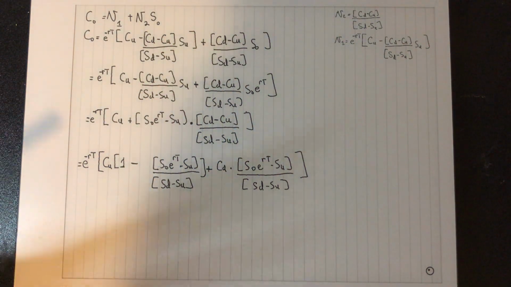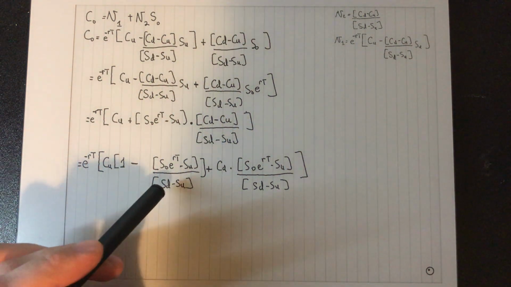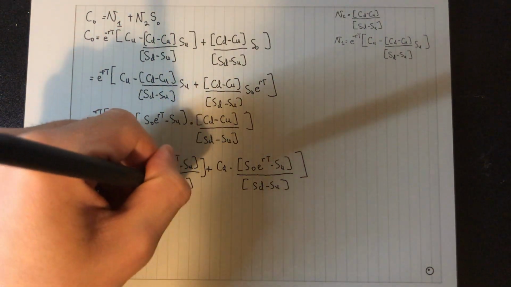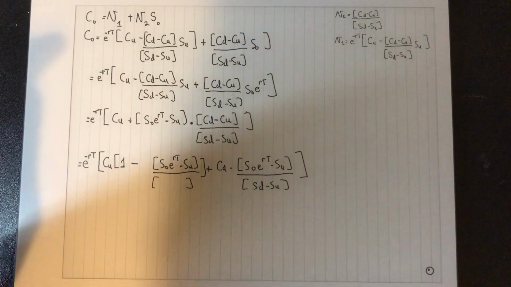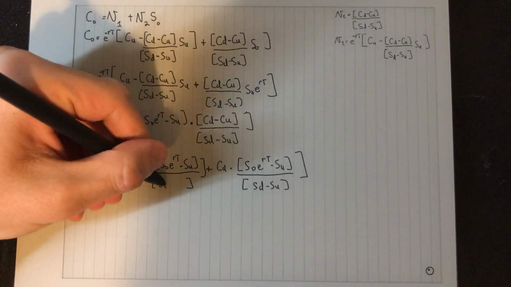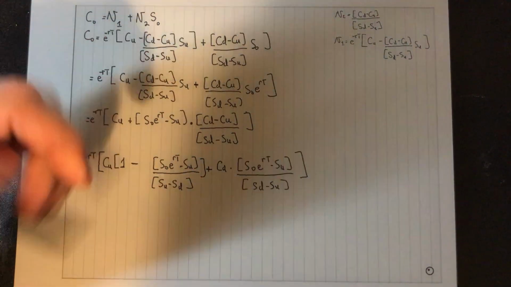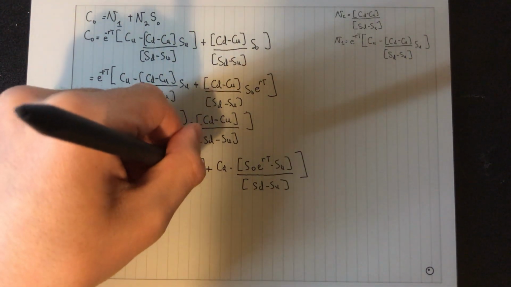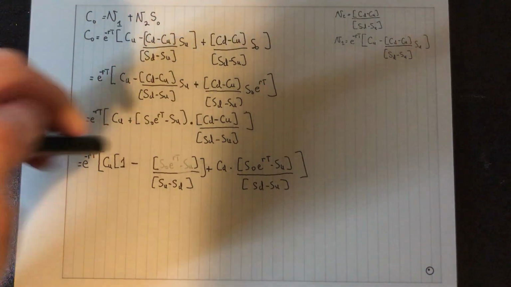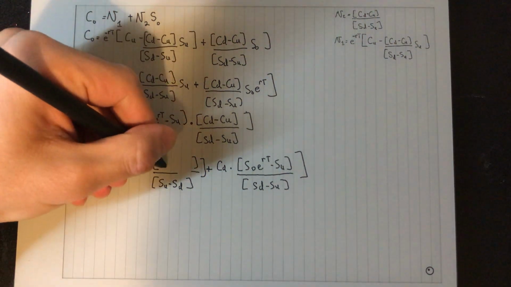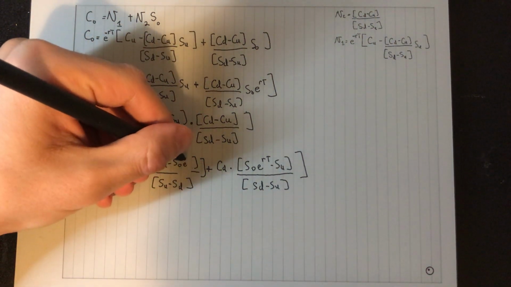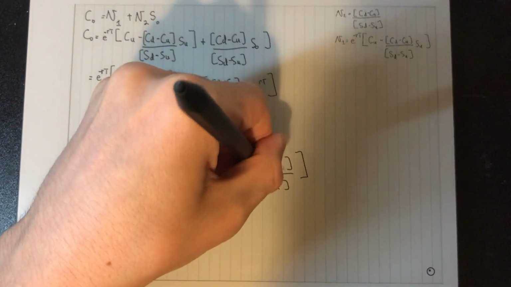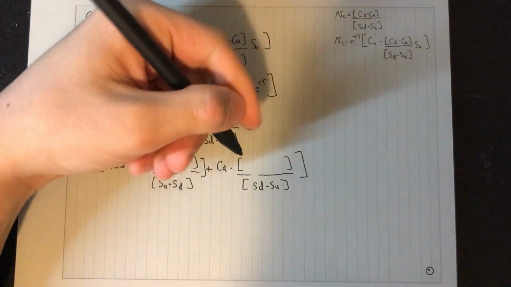So let me just do this simple manipulation of taking the negative outside and putting it on top. That's possible mathematically, by the way. So we would have SU minus SD, and here we would have SU minus S0 e to the power of RT. So similarly, we're just going to do the same manipulation over here just to be consistent.